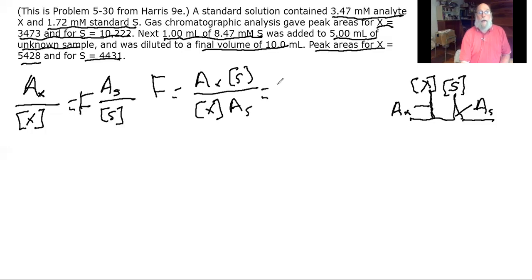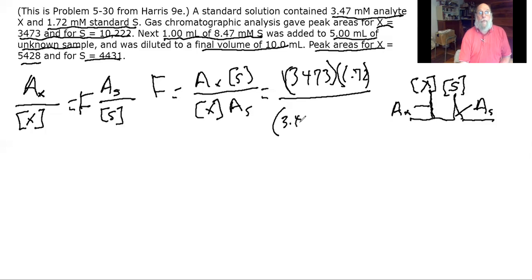In our case here, that equals analyte area 3473 times the standard concentration, 1.72 millimolar, divided by our analyte concentration, 3.47 millimolar, times 10,222 area.